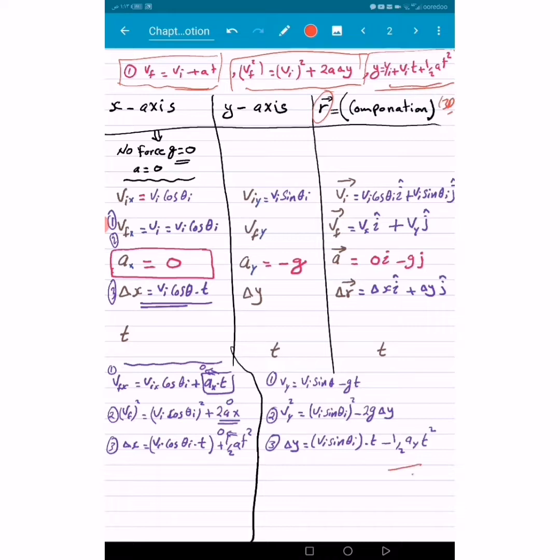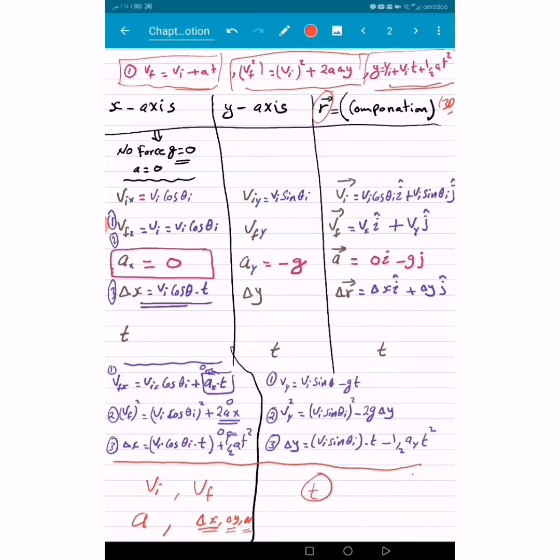The 5 important variables are: v initial in x, y, and 3 dimensions; then v final in x, y, and space; acceleration in x, y, and space; delta x or delta y or delta r, that is in x only, in y only, and in space; and the time.